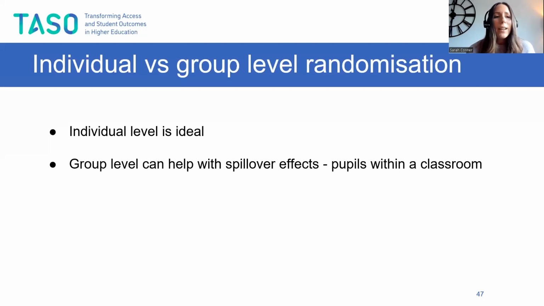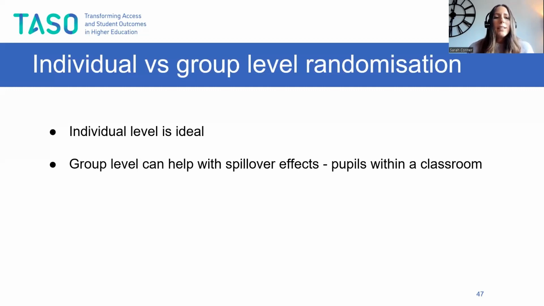It could be quite likely that those that receive additional tutoring are then sitting in class most days with other pupils that didn't receive the intervention, and they're actually helping out their classmates, or they're applying what they've learned in their literacy program to their English class. So there can be spillover effects. Even pupils that didn't attend the intervention could get some benefits just by being around other people in their class that have received it.